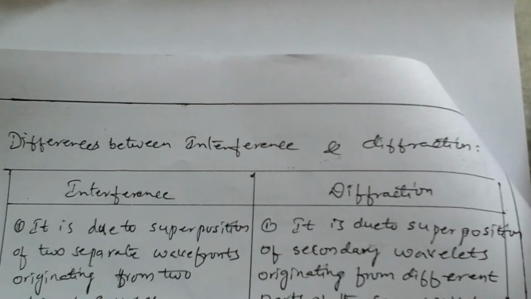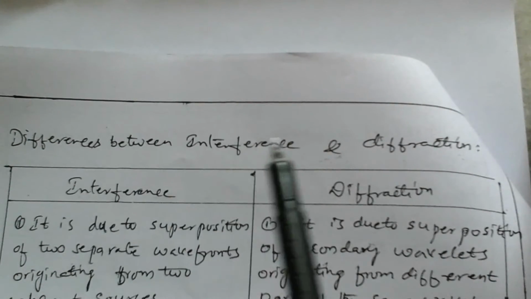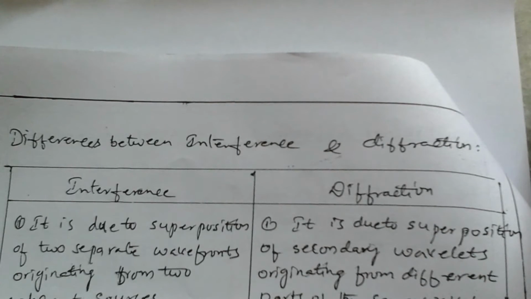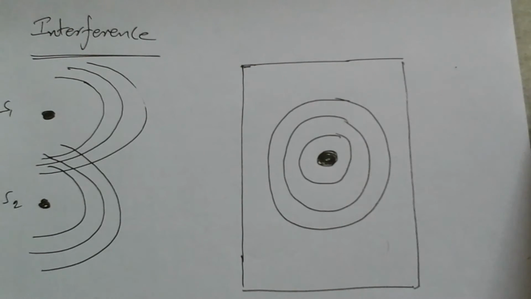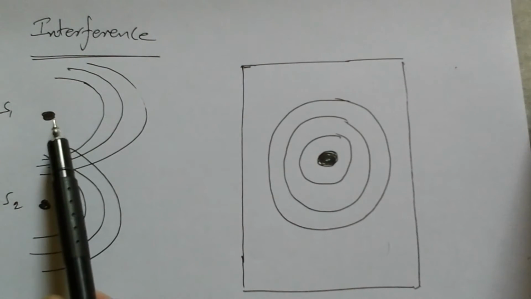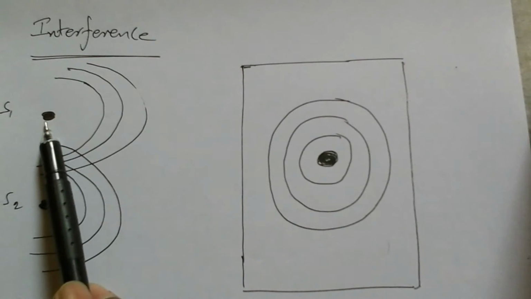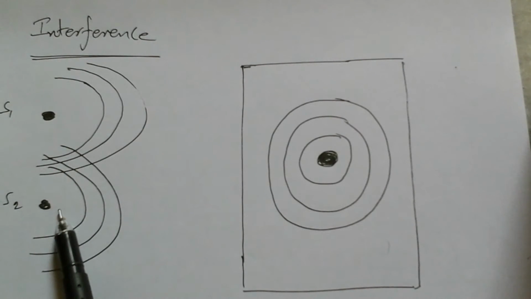Difference between interference and diffraction. Now we are studying interference. Interference requires two coherent sources, S1 and S2.